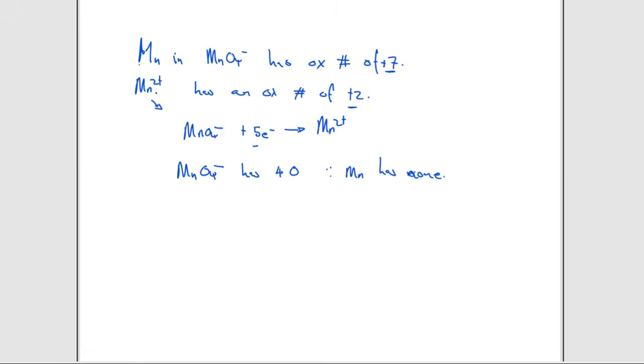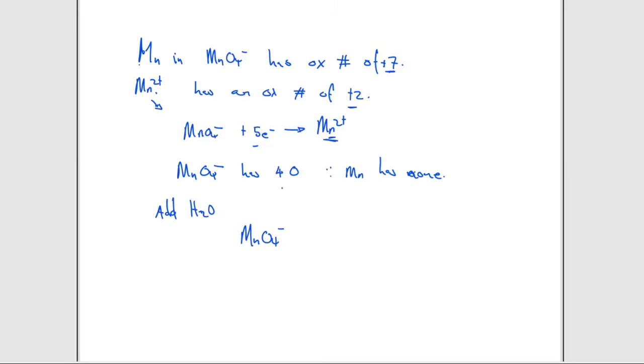So for us to balance, we need to add the water on the side of the Mn, on the right hand side. So it means now we're going to have something that looks like this.